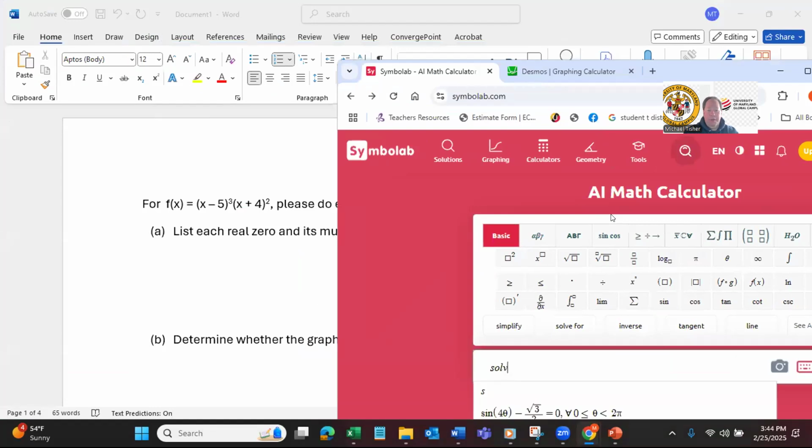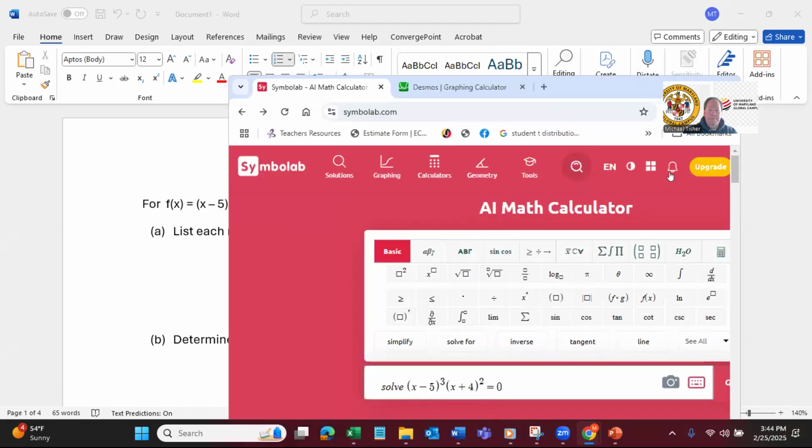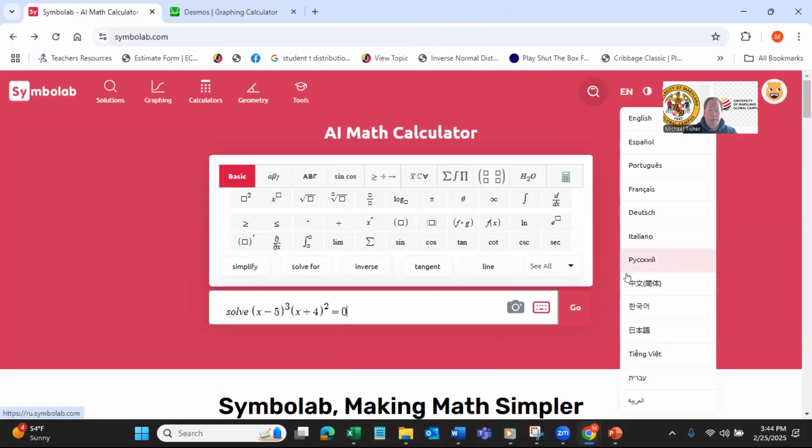We're going to solve, and we're going to take this function, (x minus 5) to the 3 times (x plus 4) to the 2, and set it equal to 0. So to find the zeros, we're going to solve this equation, (x minus 5) to the 3 times (x plus 4) to the 2 equals 0. Now let's click go.